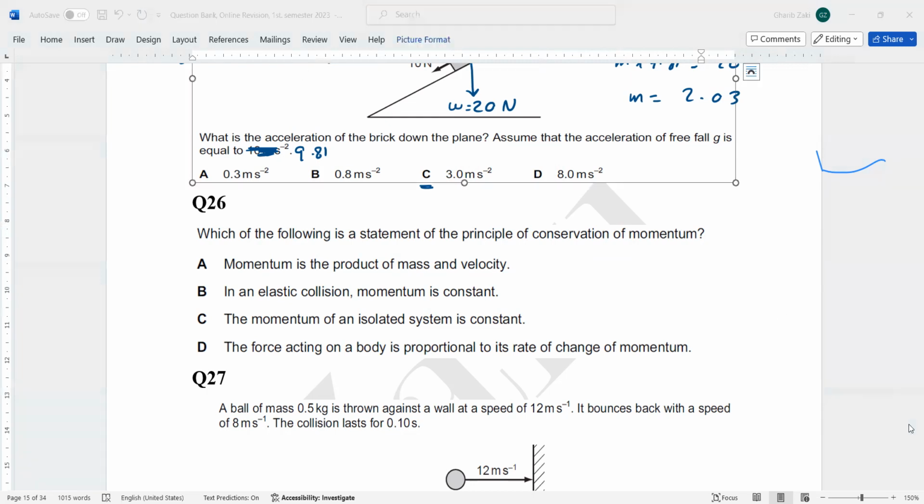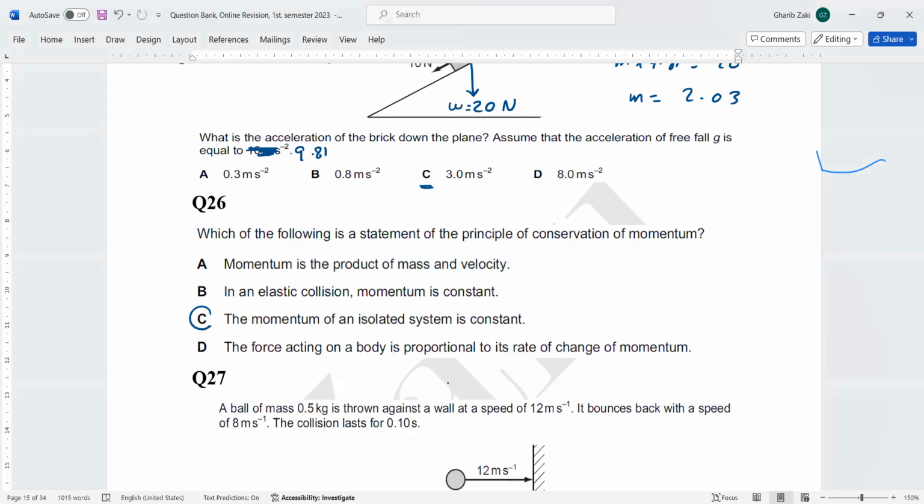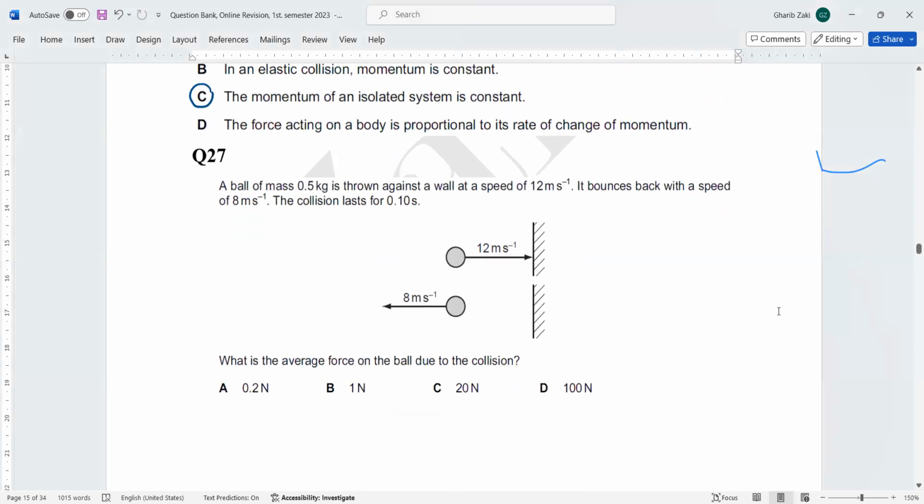Now, we return to question number 26. Which of the following is a statement of the principle of conservation of momentum? Yes, the momentum of an isolated system is constant. So this is it. Next question, question number 27. It said a ball of mass, so we have here M, M equals 0.5 kilogram, is thrown against the wall.